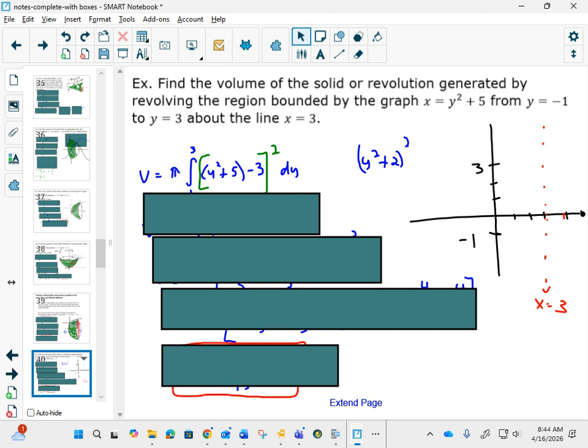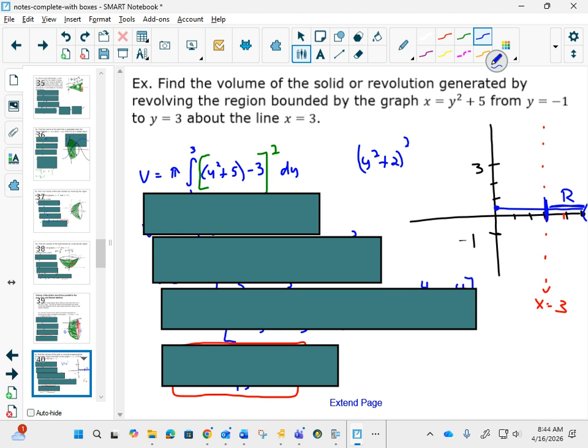So what do we have? We have that our big radius was y squared plus 5, but y squared plus 5 would, like if we have this parabola here, that big radius normally would have been all the way down to here. Does that make sense? And since we're only rotating it about here, now this is the radius part here.